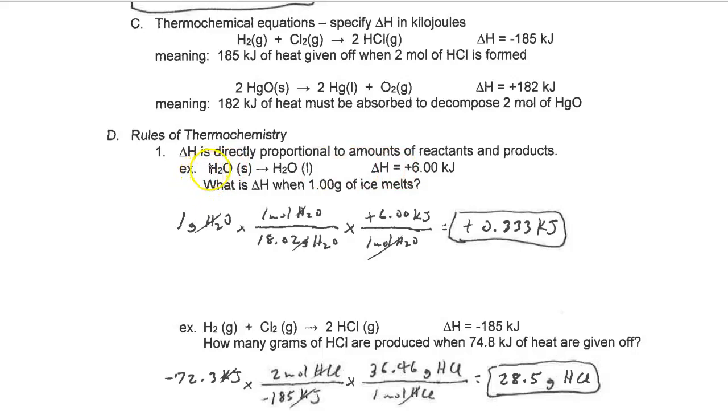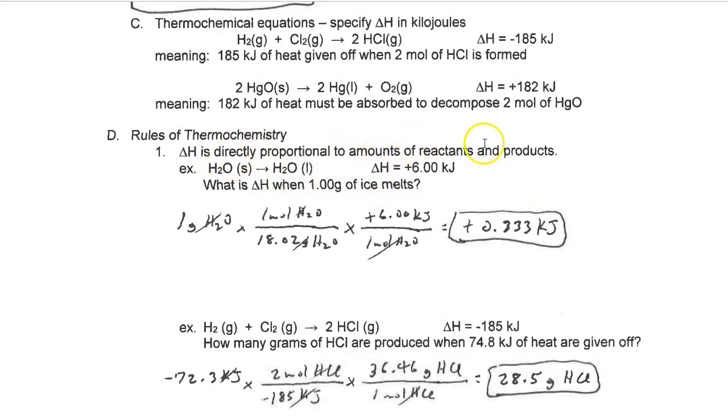When I take 1 mole of ice and change it into 1 mole of water, I have to add 6 kilojoules of heat. Every time I add 6 kilojoules of heat, I can melt 1 mole of ice and form 1 mole of water. So just think of it as another coefficient in your balanced equation, because that's really all it is.